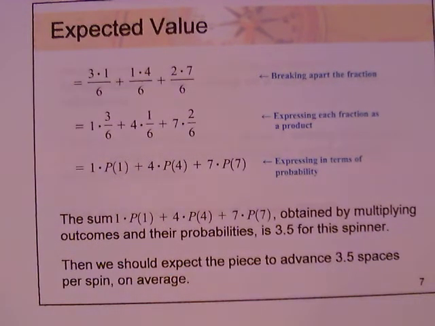So the sum of 1 times the probability of 1 plus 4 times the probability of 4 plus 7 times the probability of 7, obtained by multiplying outcomes and their probabilities, is going to be 3.5 for this spinner. That means we should expect the piece to advance 3.5 spaces per spin on average.